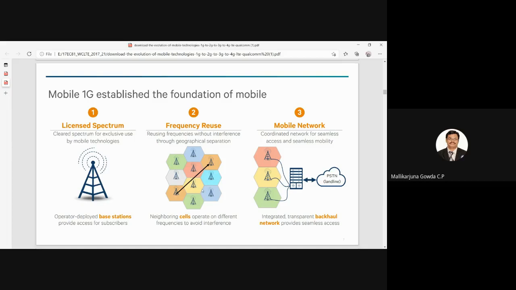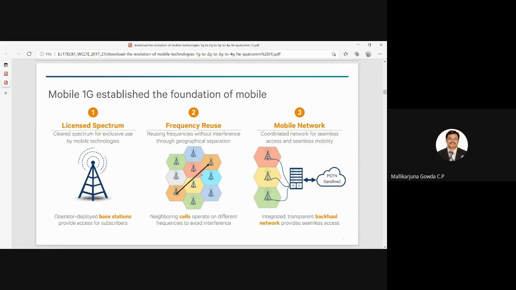So here there is a cell reuse pattern. It may be 3, 4, 7 and so on. Here I have shown a pattern of 7 cell reuse. The arrows shown indicate co-channel cells, meaning whatever frequencies are used in this base station, the same set of frequencies are used in this one also.